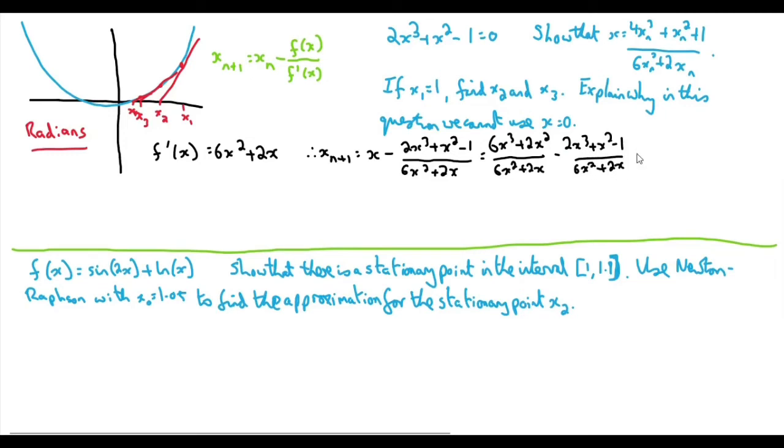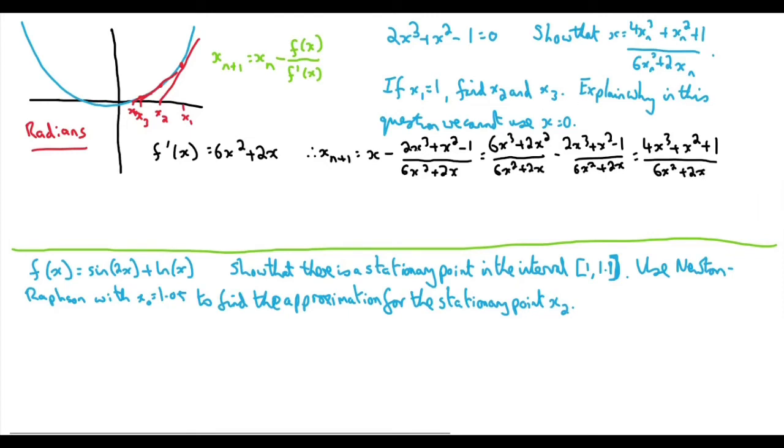And so, just collecting the like terms, 6x cubed minus 2x cubed is 4x cubed. 2x squared minus x squared is just going to be x squared. And then minus 1 is plus 1. This being over still the 6x squared plus 2x.